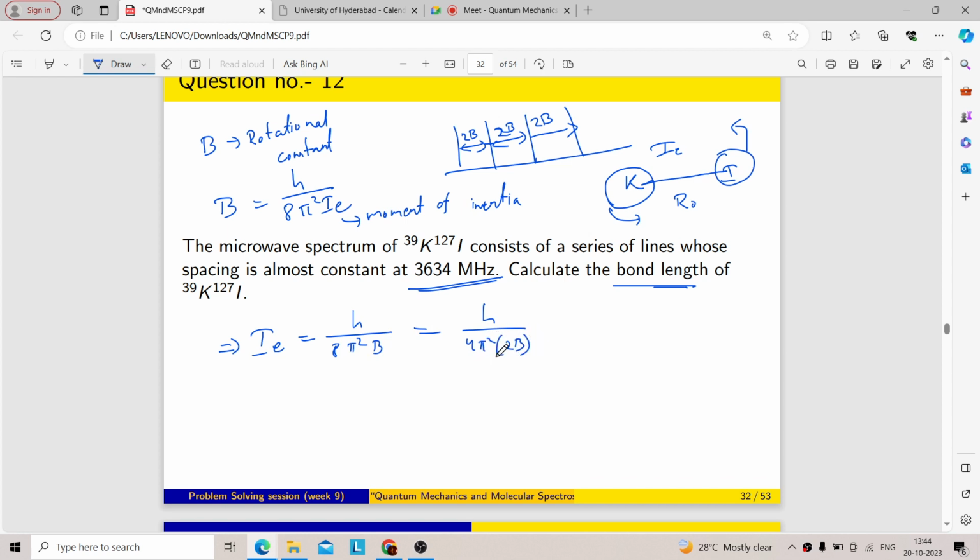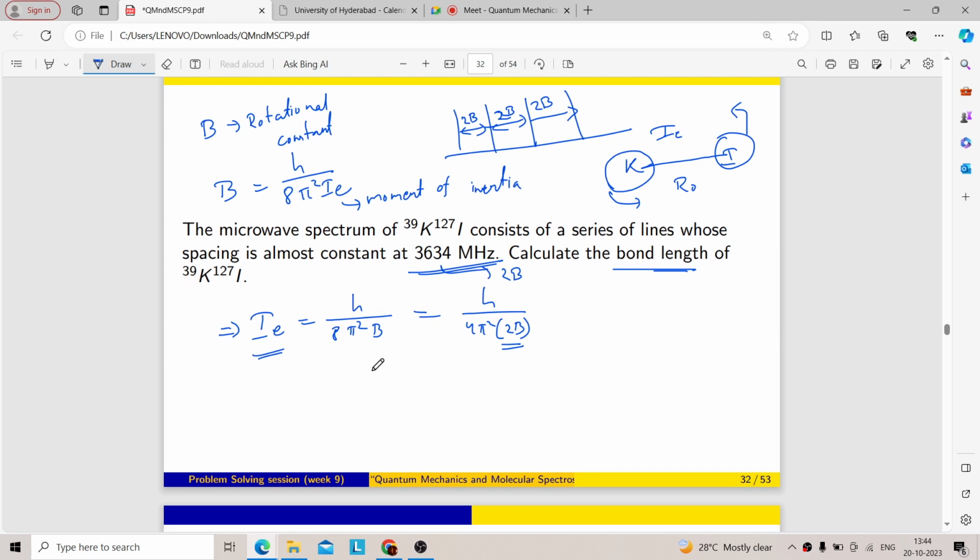I wrote this 2b because 2b is given in the question. From this I got the moment of inertia. There is another formula for moment of inertia: I can write I_e as mu times R_e square, or R naught square.